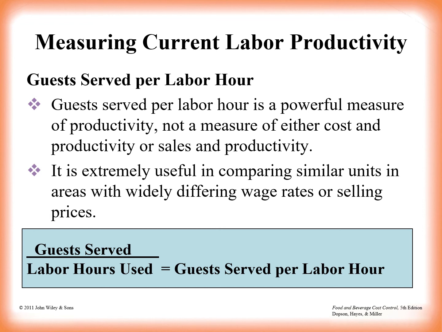So if I have a restaurant in South Georgia and I have a restaurant in Manhattan, the amount I pay my employees and the cost of the food is wildly different. So how do I compare the efficiency of those operations? Well, I can look at the number of guests served versus the labor hours. So instead of looking at dollars, I look at it in terms of guests: how many guests did I serve versus how many hours of employee labor were scheduled.